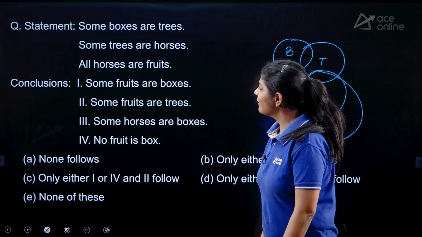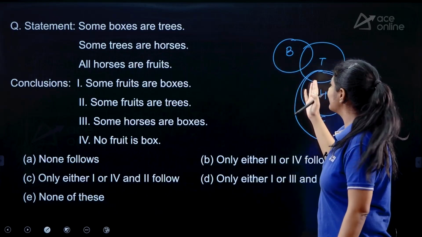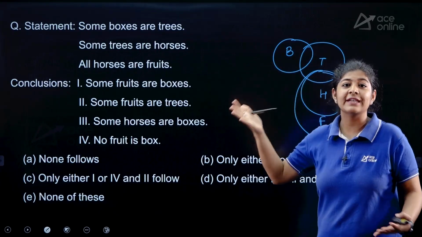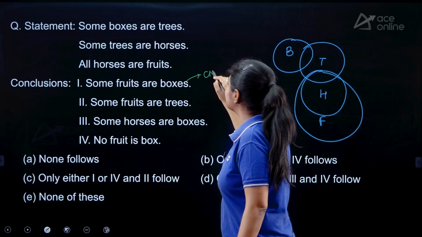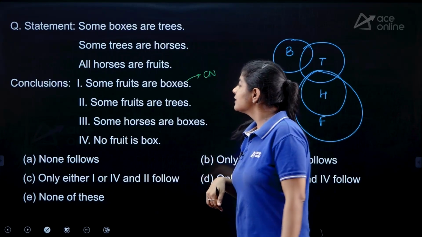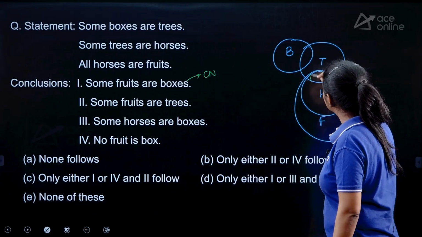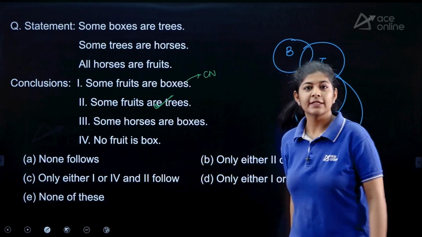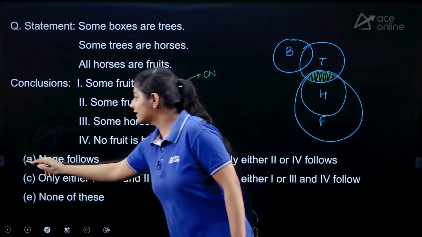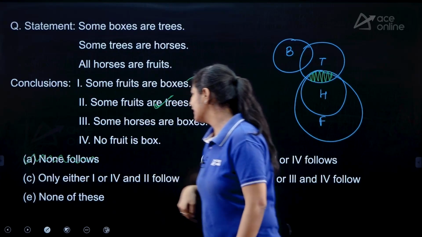First, some fruits are boxes. Can we say that? As we are not having any direct or indirect relation between them, we can't say anything, right? Second, some fruits are trees. Yes, we do have a common part over here, so we can consider this one. So if we can consider this one, option number A is eliminated.